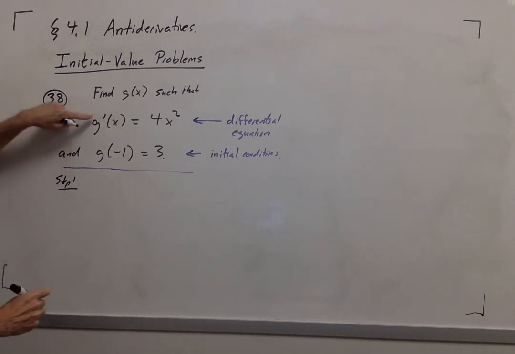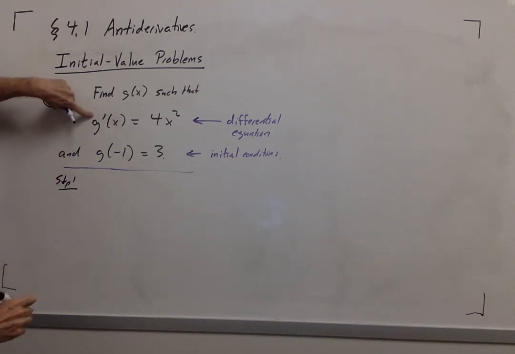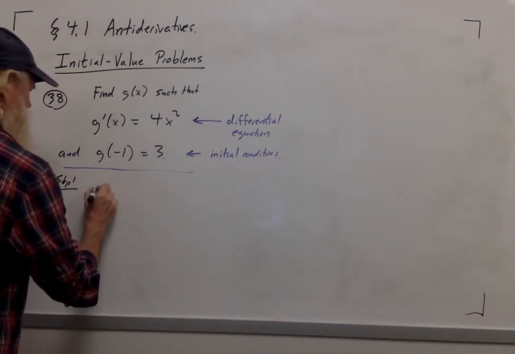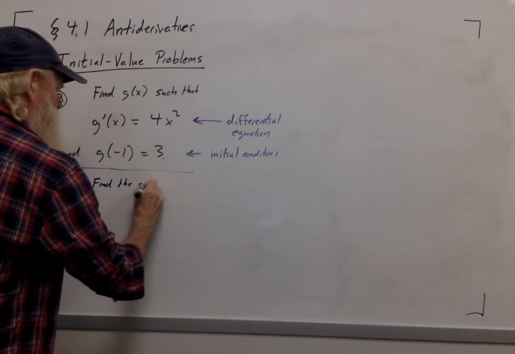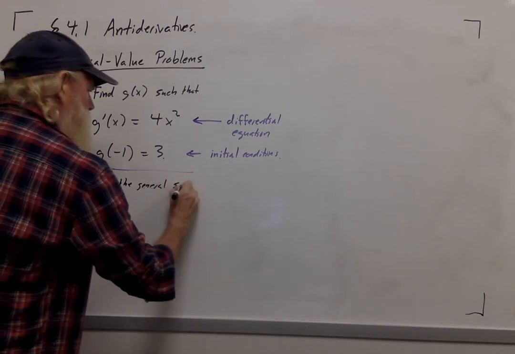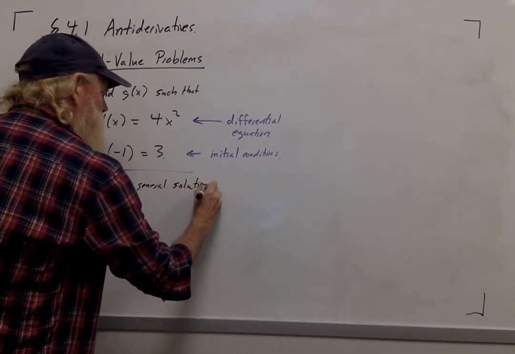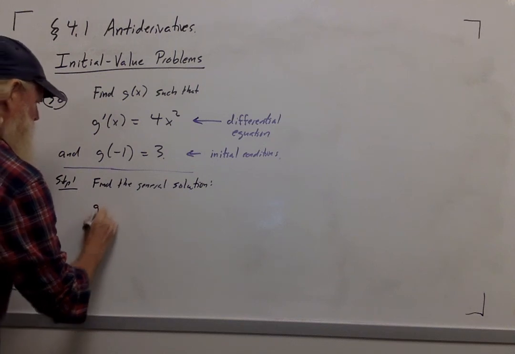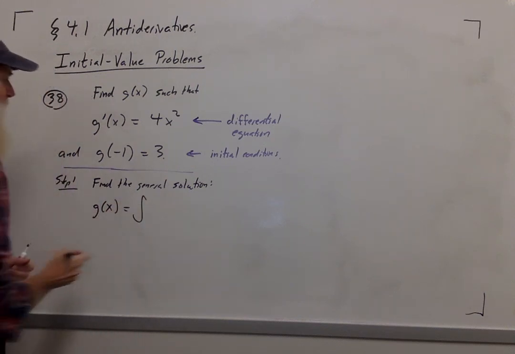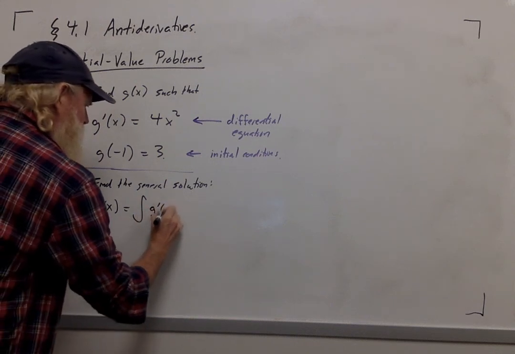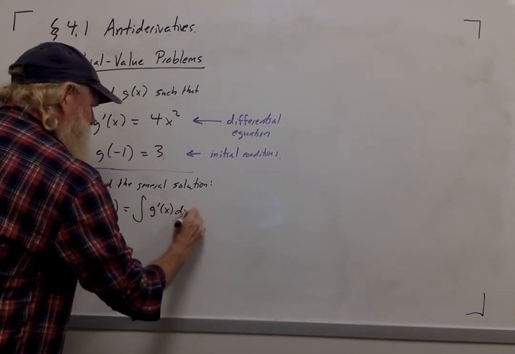The first step is to find the general solution by taking the antiderivative of g prime here. So the function we're looking for, g, will be an antiderivative of g prime of x.